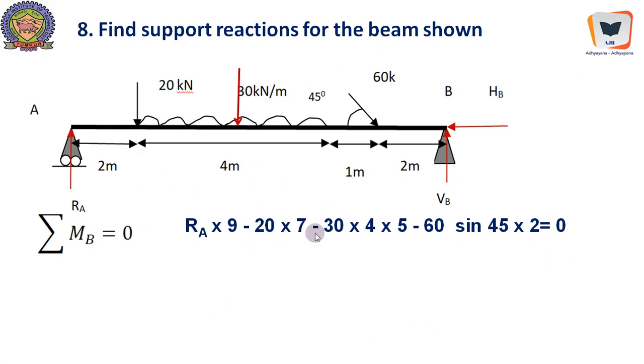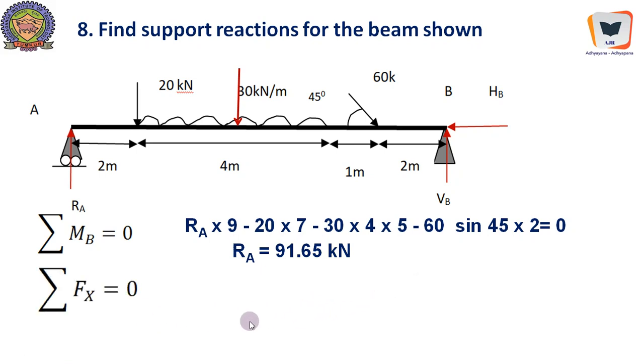And 30 into 4, because this is 30 kN per meter spread over 4 meters. Therefore the equivalent concentrated load, acting downwards, is 30 into 4, and the moment arm with respect to B is 2 meters plus 1, 3, 3 plus 2, 5, and minus 60 sin 45 acting downwards into 2. This is the moment arm. So this will give us RA equal to 91.65 kN.